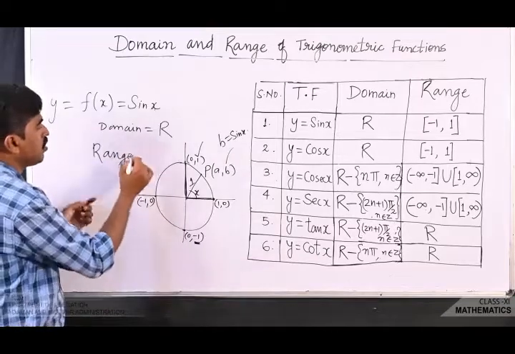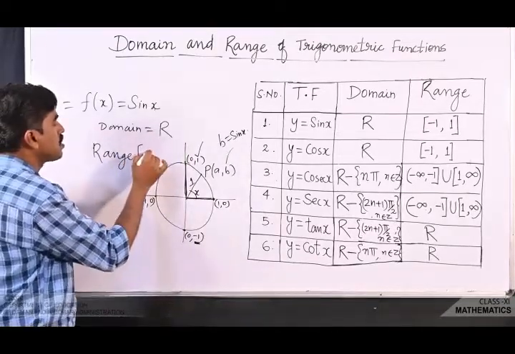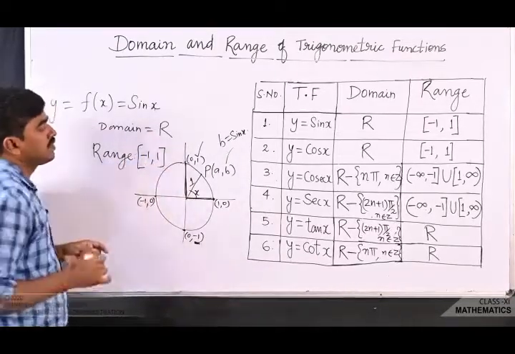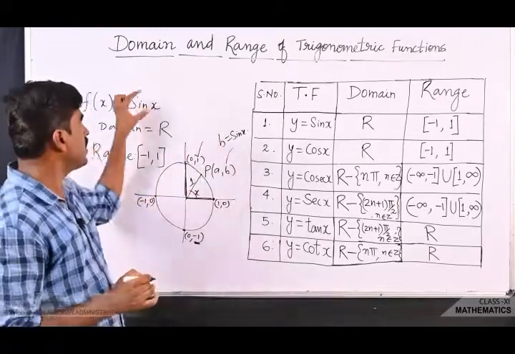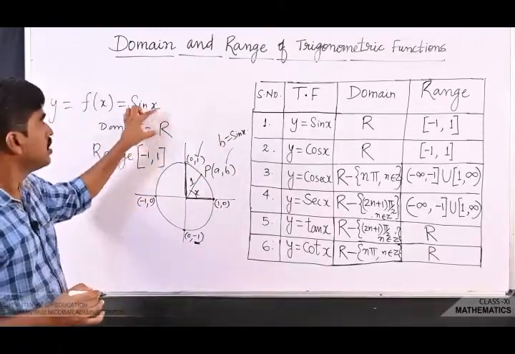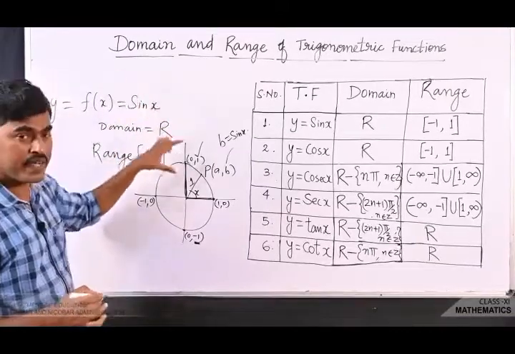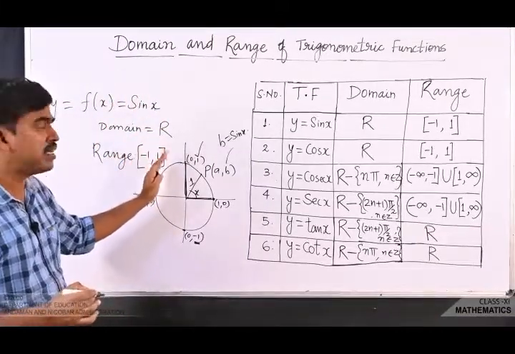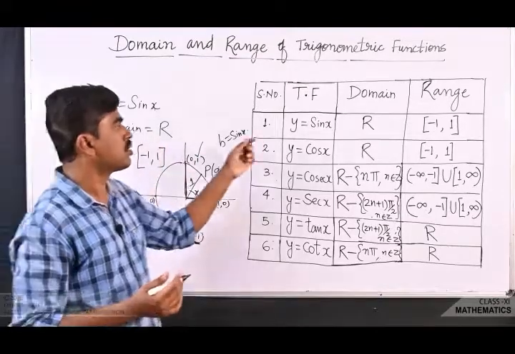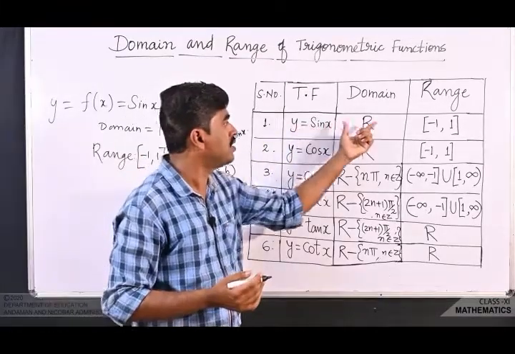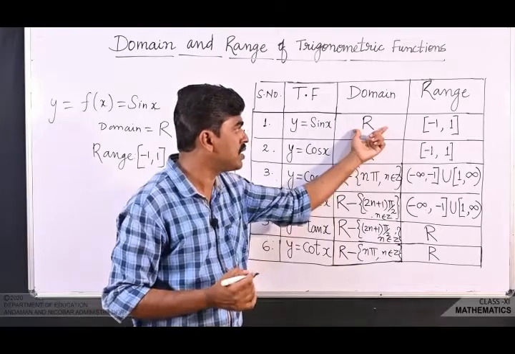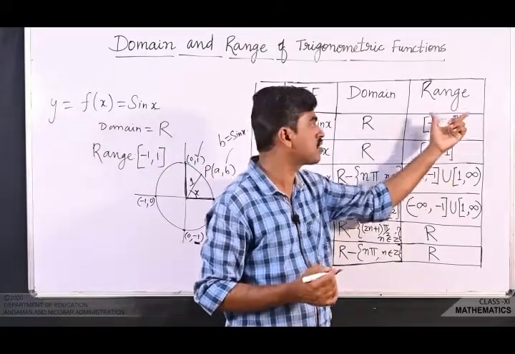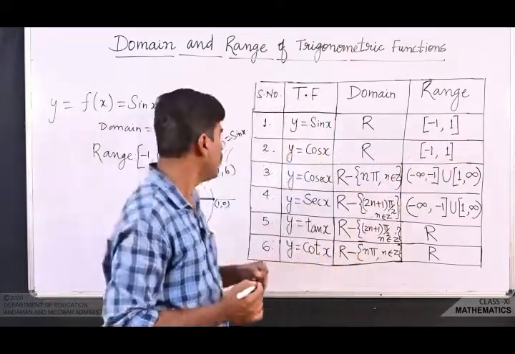So the range of sine function is closed interval [-1, 1]. That means for x belongs to R, the value of sine x is greater than or equal to -1 and less than or equal to 1. So the domain of sine function is set of real numbers, and the range of sine function is closed interval [-1, 1].